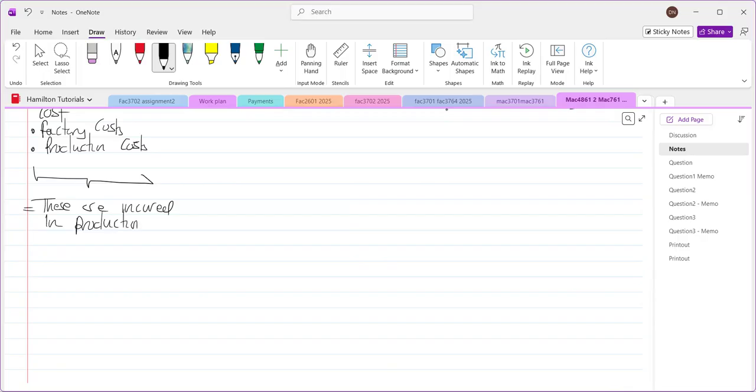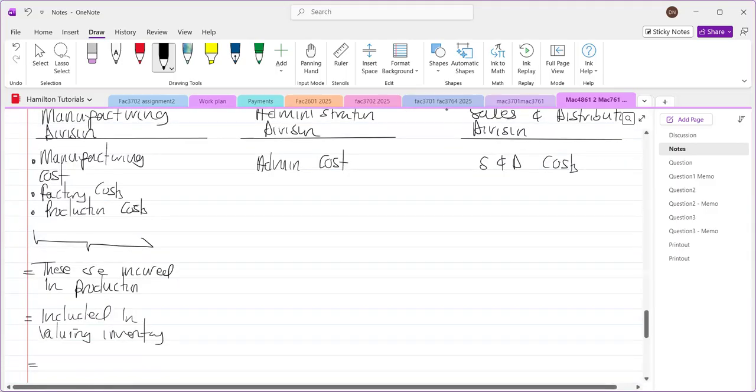These costs incurred in production are included in valuing inventory. So when you determine the value of your inventory, you take into account the manufacturing cost. In other words, you don't take these into account.